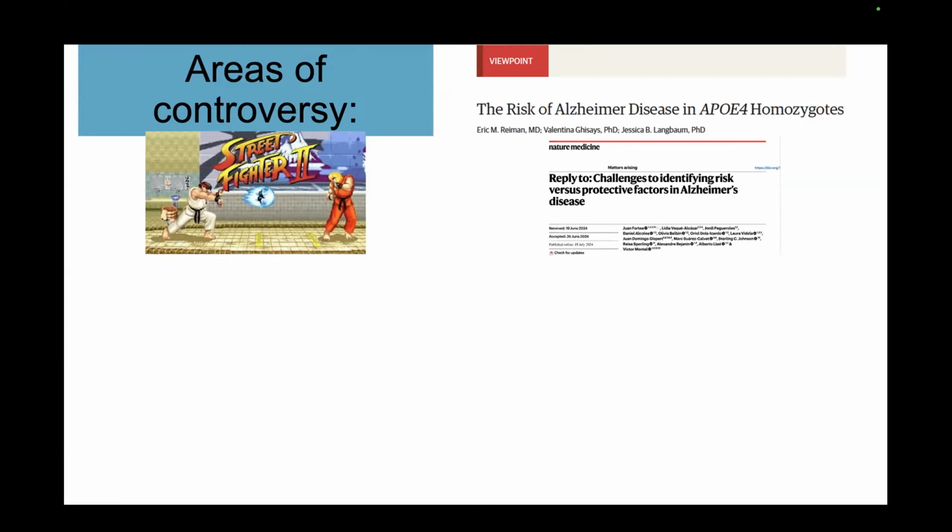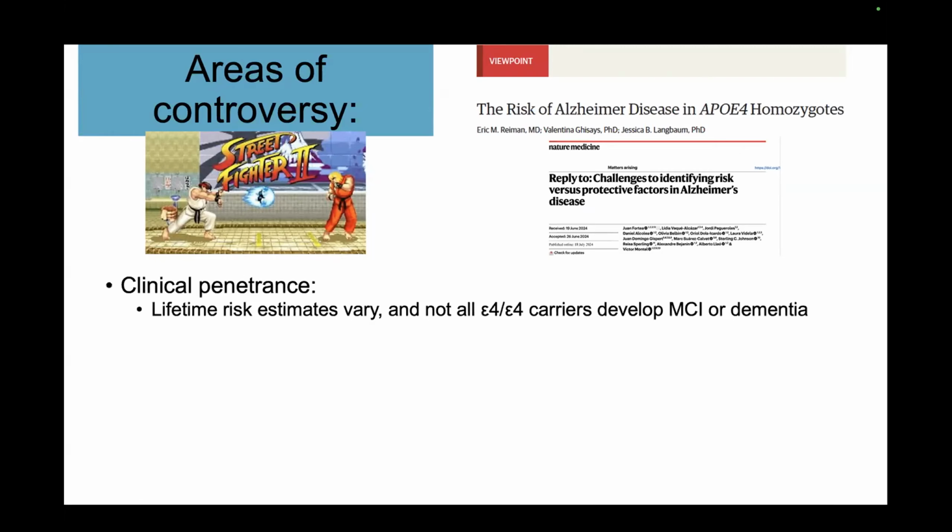So some of this controversy we've contributed to in writing, so to speak, and some of the responses to several of these points we published a few weeks or months after the publication of the paper. So first of all is the clinical penetrance, as I said, because it is clear that lifetime risk estimates vary and that not all APOE4 homozygotes will develop MCI or early dementia. This is very clear.